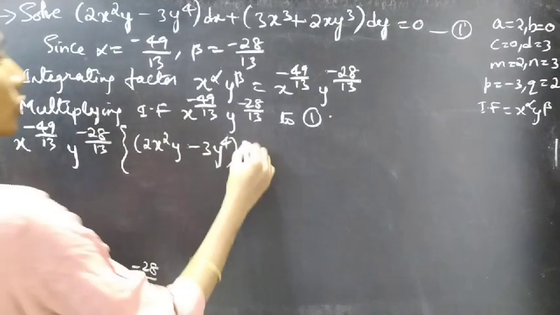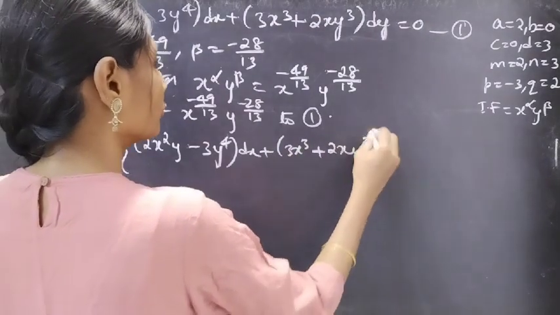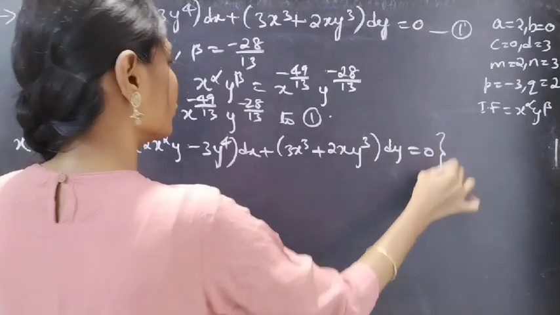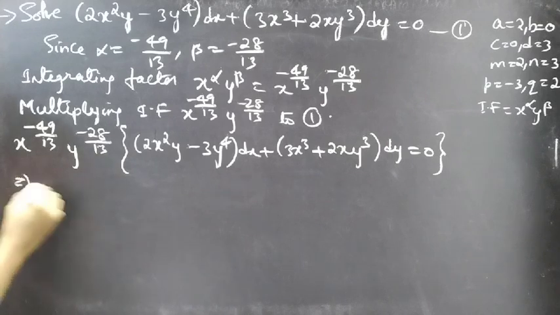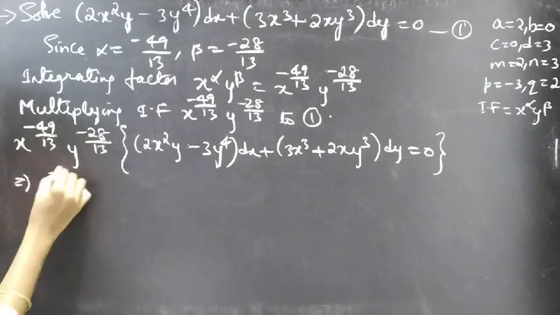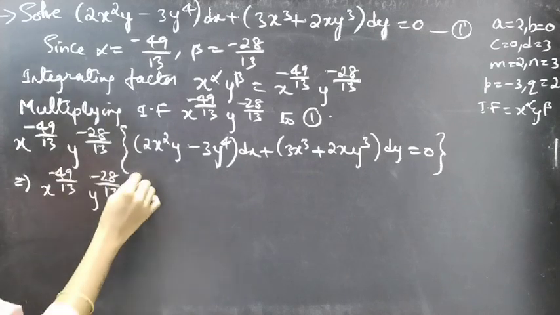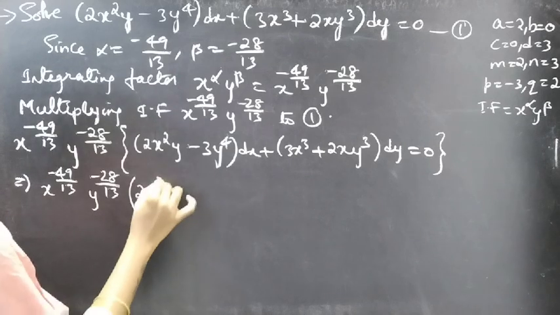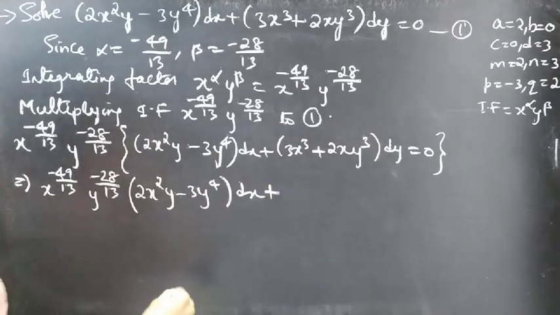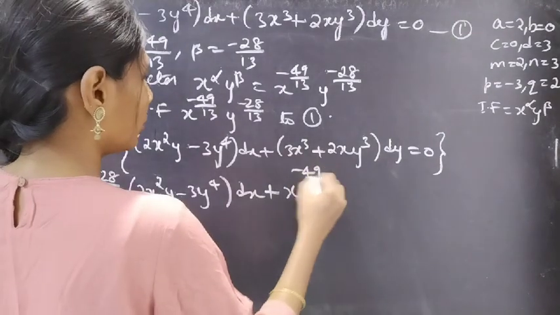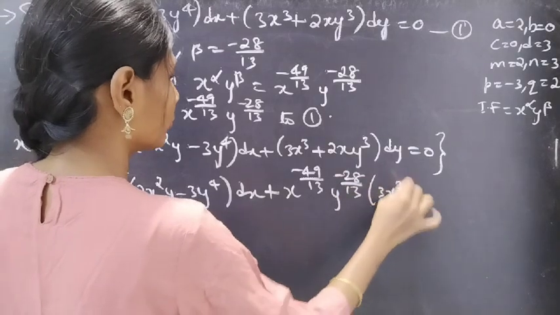I'm just writing the given equation here. This gives us, we can write this as the integrating factor into the first term or coefficient of dx plus x power minus 49 by 13 into y power minus 28 by 13 into the second term.